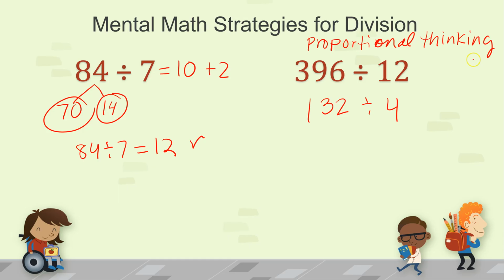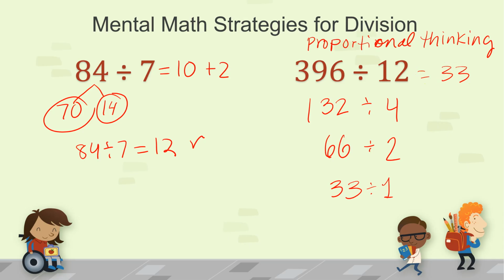Now I can keep thinking, well, you know what? If I reduce that by 2, 132 divided by 2 would be 66, right? And then 66 divided by 2 is the same as 33 is to 1. Okay, that's what we call proportional thinking, and that's how we get your 33.